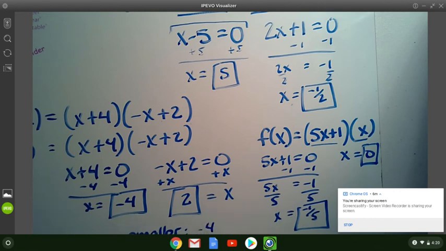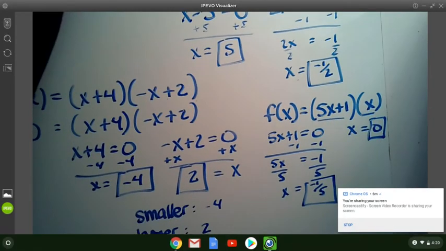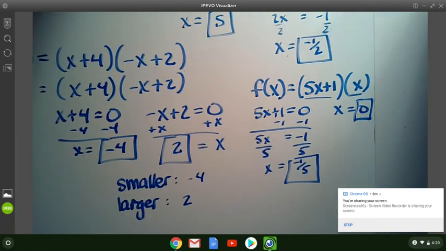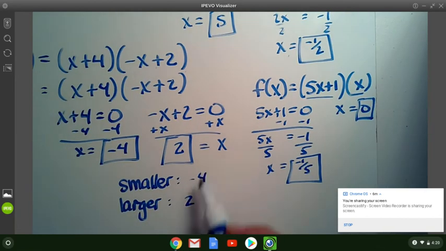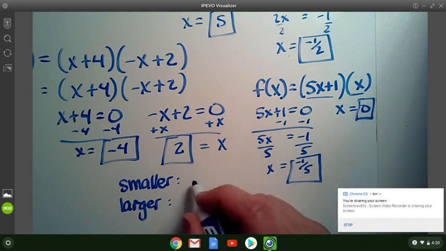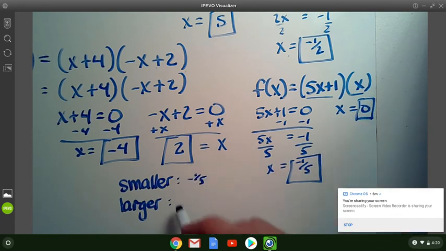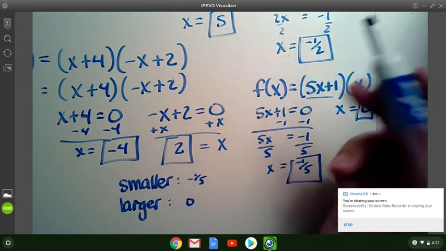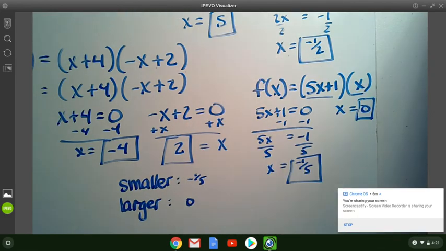That would be negative 4, and that would be 2. There we go. Smaller and larger. That's one way to make sure you're really careful with that. If we were doing this problem, the smaller is the negative one-fifth, and 0. And on this one, of course, smaller would be negative 1/2, the larger would be 5. So when you're putting those in, it's important to get those in the right places to get those answers right.